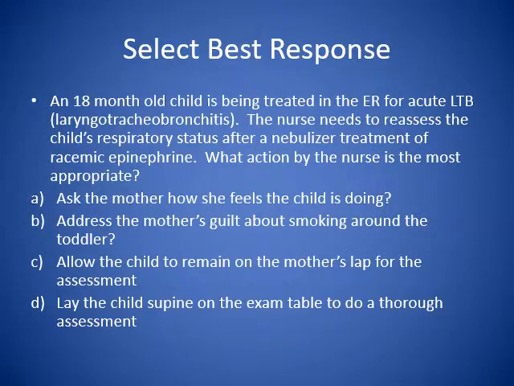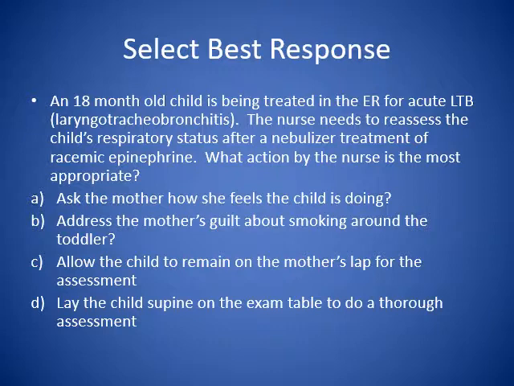An 18-month-old child is being treated in the emergency room for acute laryngotracheobronchitis, also known as croup. The nurse needs to reassess the child's respiratory status after a nebulizer treatment of racemic epinephrine. What action by the nurse is most appropriate? A. Ask the mother how she feels the child's doing. B. Address the mother's guilt about smoking around the toddler.